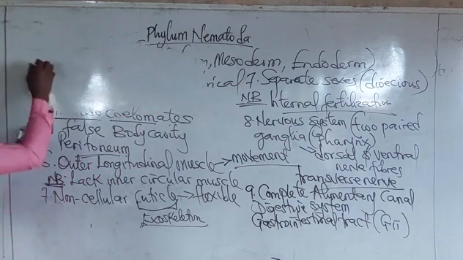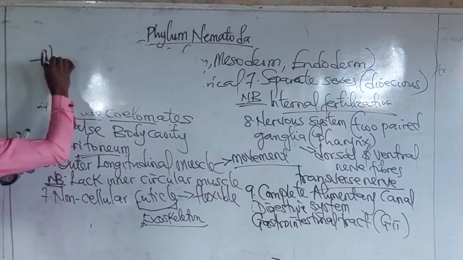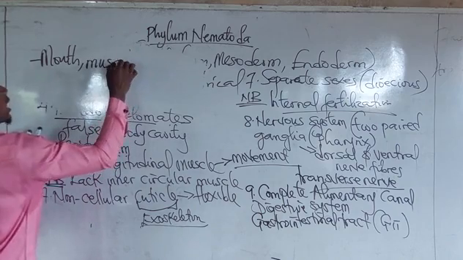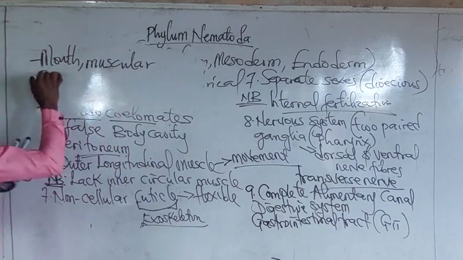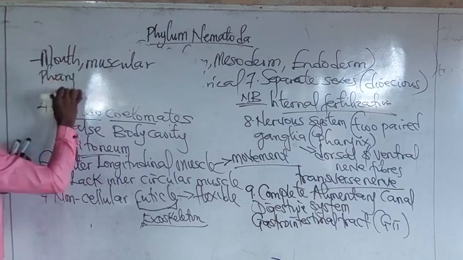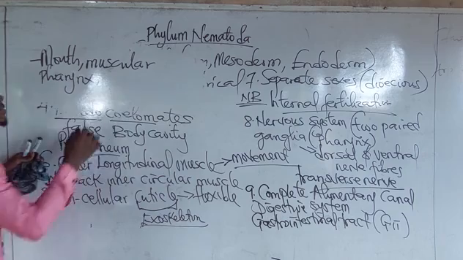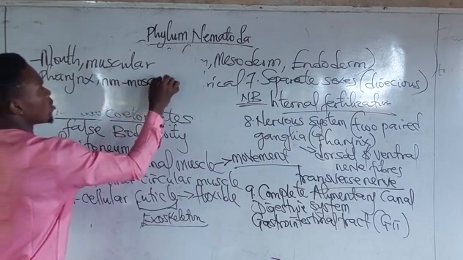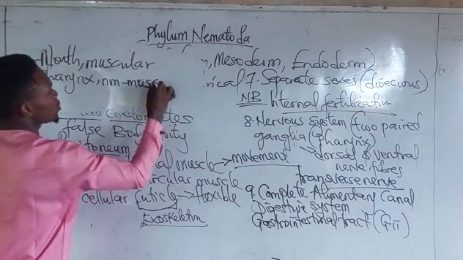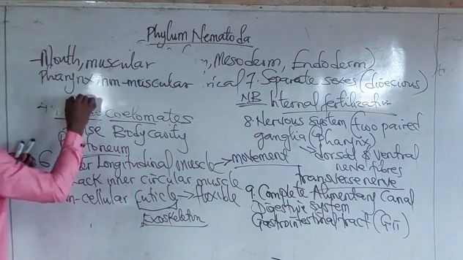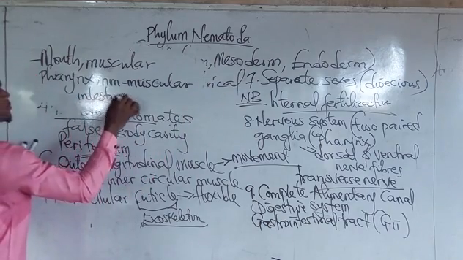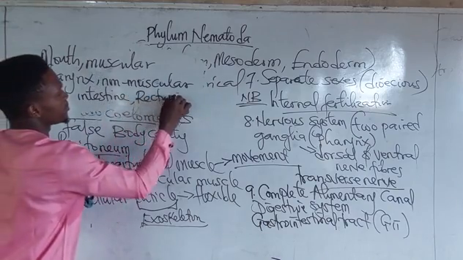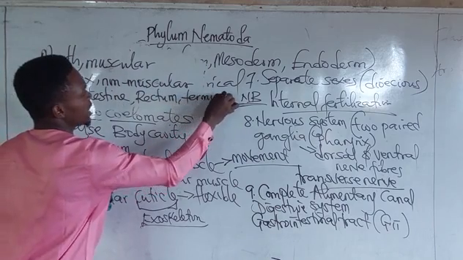Now, nematodes, they have the mouth, they have a muscular pharynx, right? They have a non-muscular intestine, all right, rectum, and terminal anus.